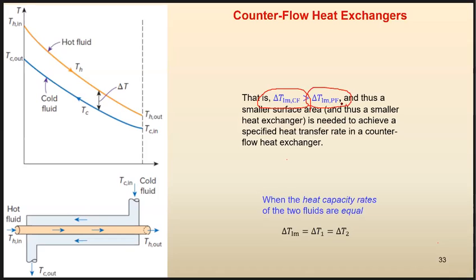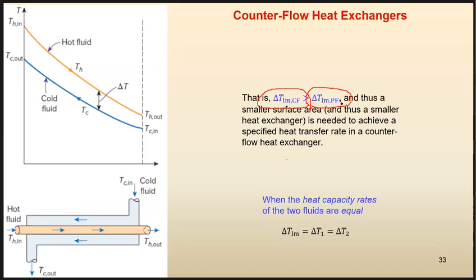And this is very good. So for the same length, for the same unit, and for the same inlet temperatures of the hot and cold side, for the counterflow arrangement of the streams, you get higher log mean temperature, or basically a larger value of average temperature difference between the cold side and hot side.